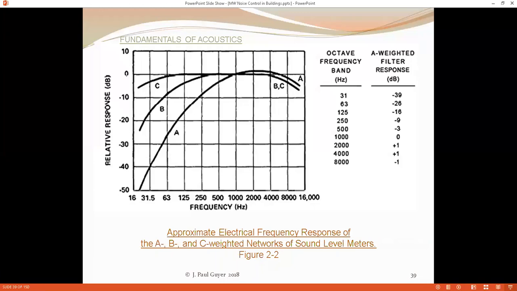So you've got this knob that has ABC settings on your sound level meter, and you're in the source room. In a typical building design situation, you will set that knob on the A setting to measure the sound in the source room.